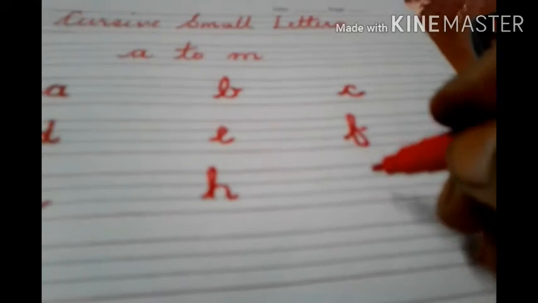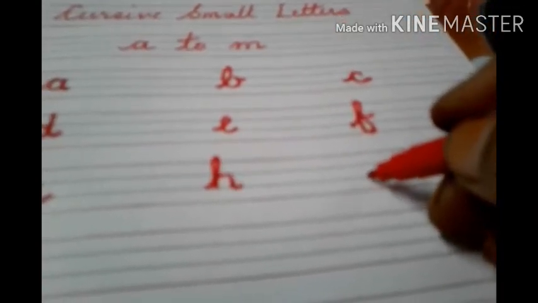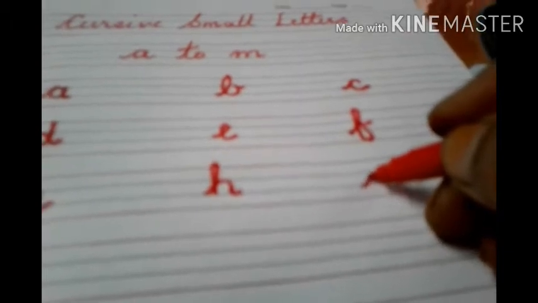Now next letter is I. Place your pencil on the third line, go to the second line, then come back again to the third line, make a small curve touching the third line. Place a dot over there, on top.